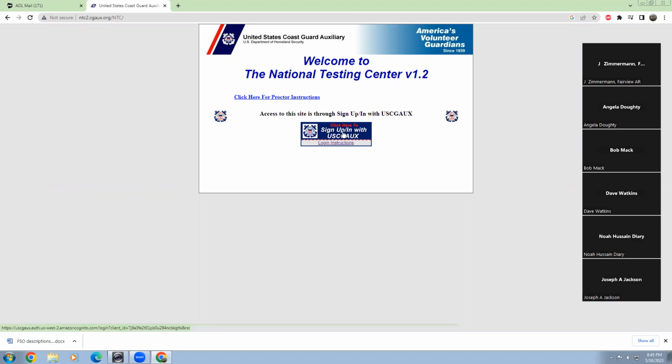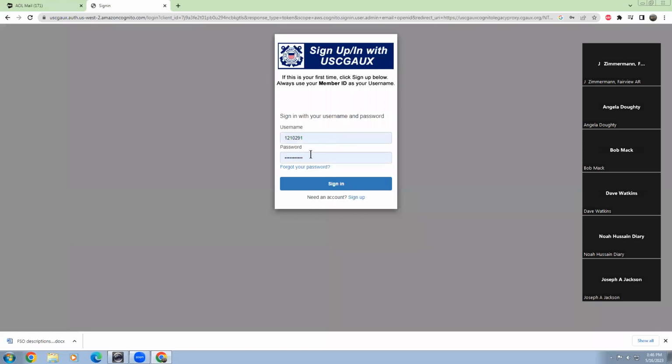If you've never used it before, you may have to go through the process of setting up a password. It's a little intimidating, but it's not that hard. There are people through the National CS department that can explain it to you very clearly so that you're not confused. Here I've got my username, which is my member number, and down here is my password. This saved it for me, which is nice.